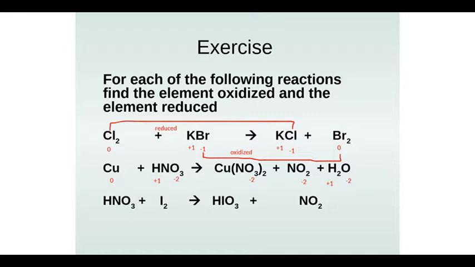I've got 2 +1s and 1 -2, which is neutral. NO2, that one is not complete. We need to make N +4 in order for it to become neutral. And in HNO3, it must be +5.